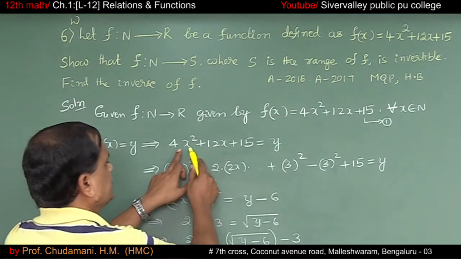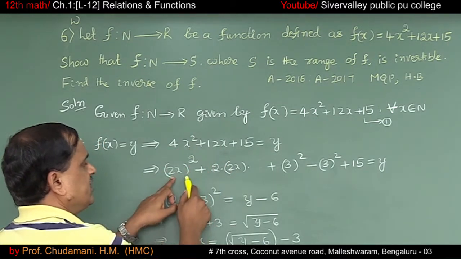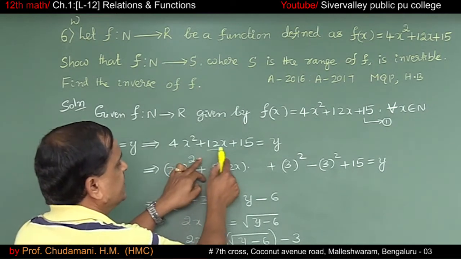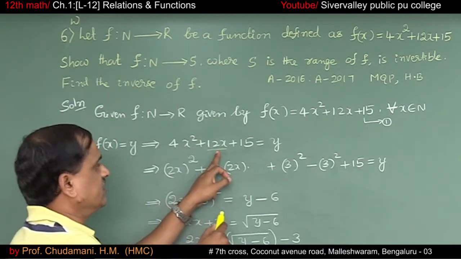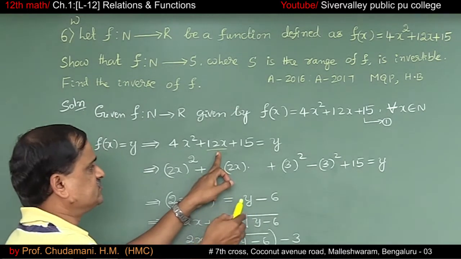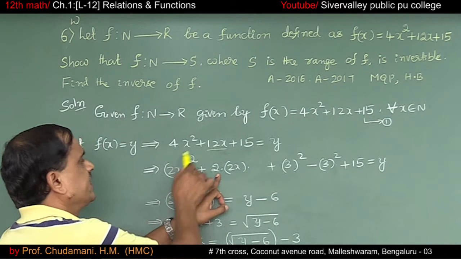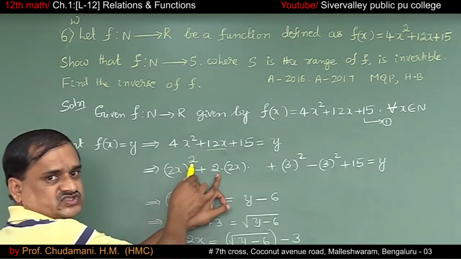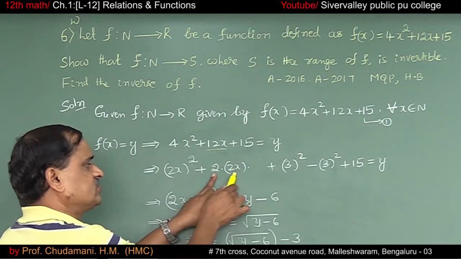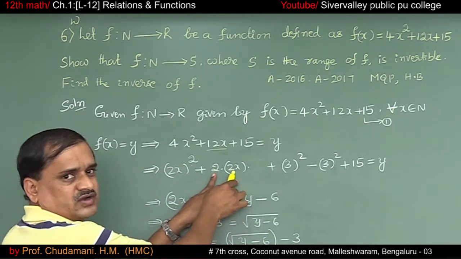See, observe the term 4x square can be written as 2x the whole square. This is actually the 2ab term; a square plus 2ab plus b square we want. Let us recognize b. 4x square can be written as 2x the whole square plus 2a is 2x, 2 into 2 is 4.